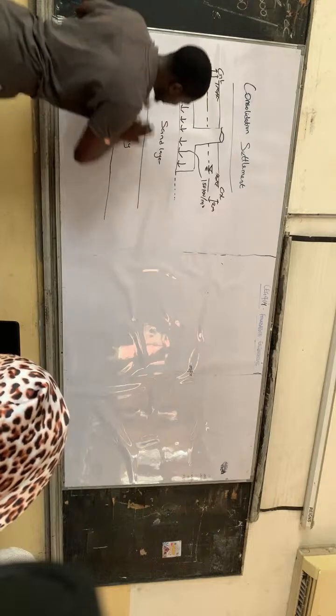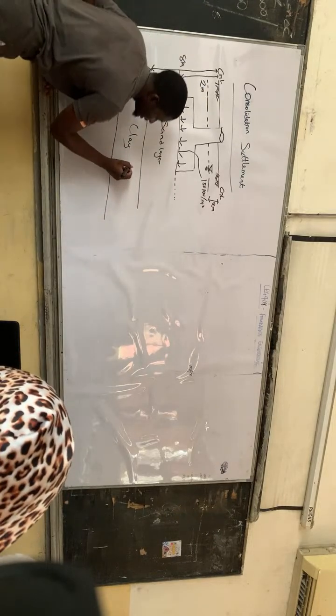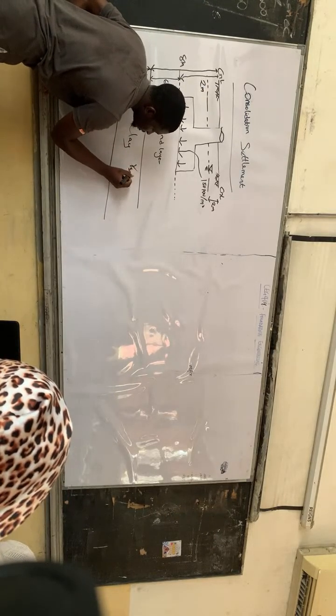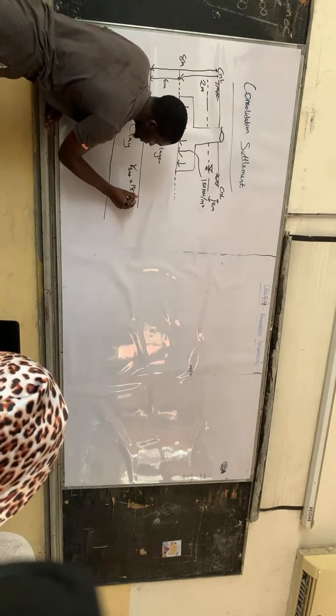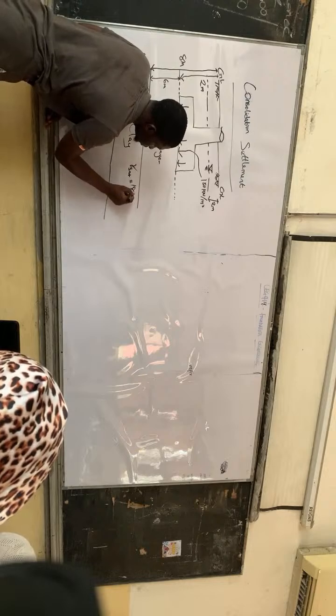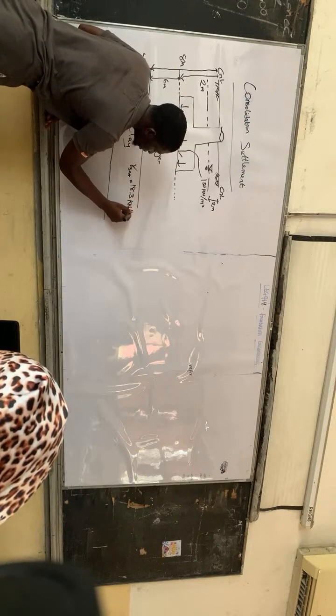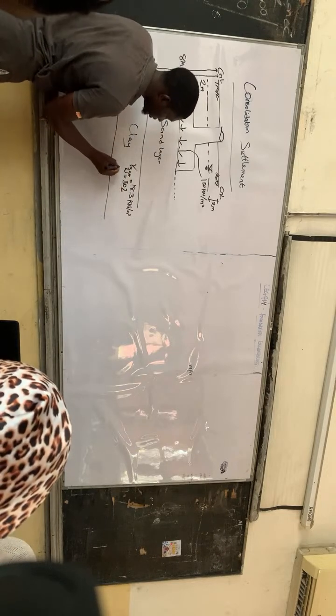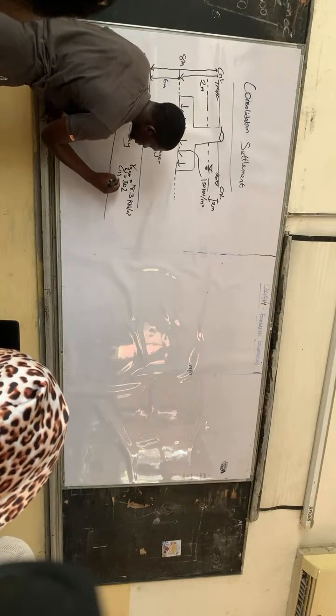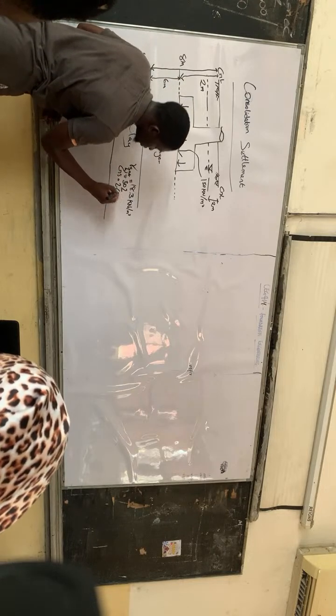Okay. Let me put that here. So under this clay layer now, you have saturated unit weight of clay is equal to what? 18.3 kilonewtons per meter cube. Moisture content 30%. Specific gravity 2.68.